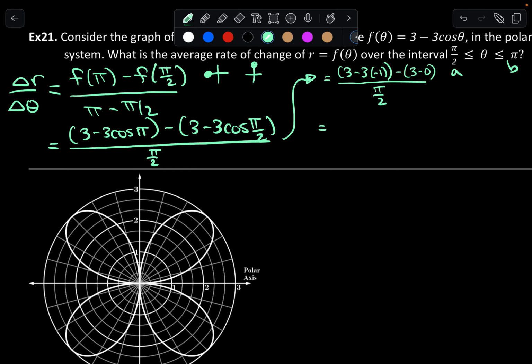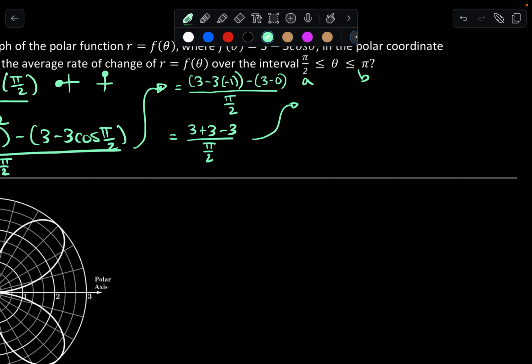We end up with 3 plus 3 minus 3 over pi over 2. 2 of the 3's cancel out. So we end up with 3 over pi over 2. If we multiply with the reciprocal, we get 3 times 2 over pi, which means we're left with 6 over pi.